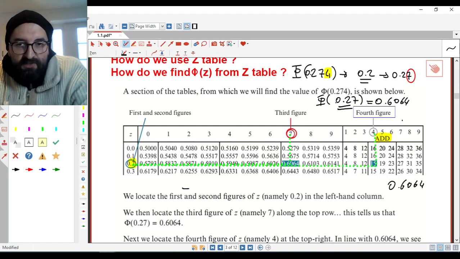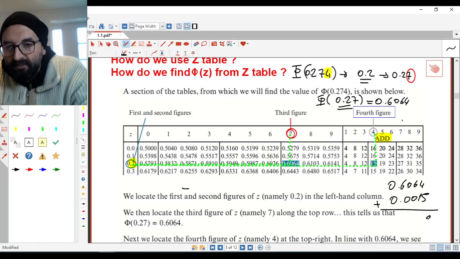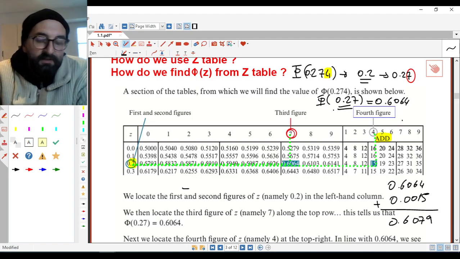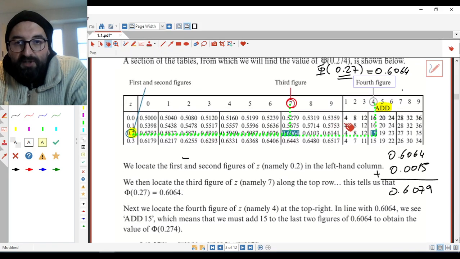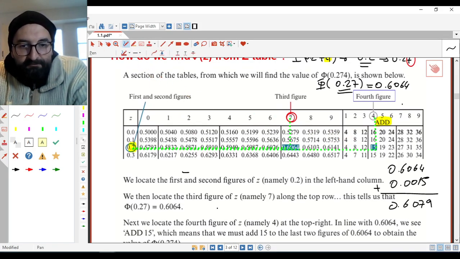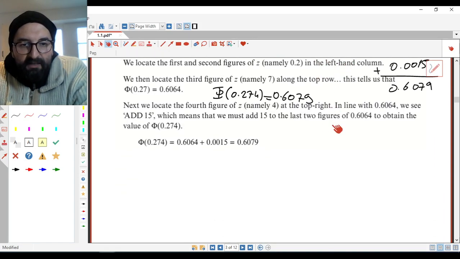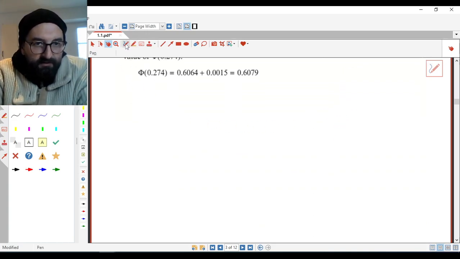Also it is 0.027, and you have to add 0.0015 here, and then you can easily find 9, 7, 0 and 6, 0.6079, which is phi 0.274, 0.607, and then 9.